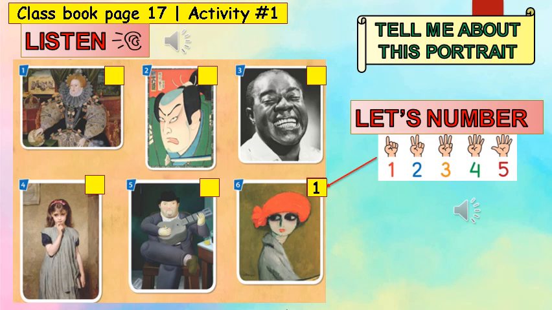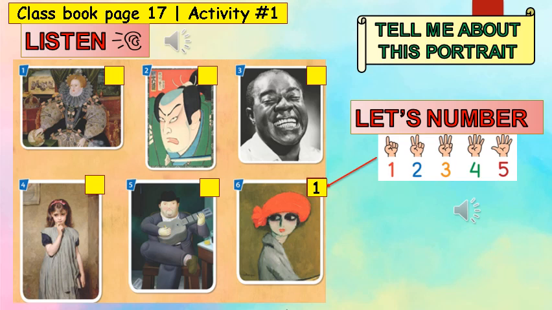I think she's poor. I think she's sad too. Tell me about this portrait. It's a painting. It's a woman. She's got red hair. I think she's rich. Tell me about this portrait. It's a painting.